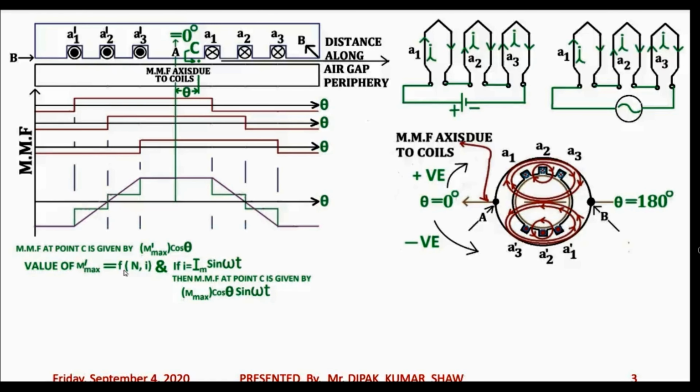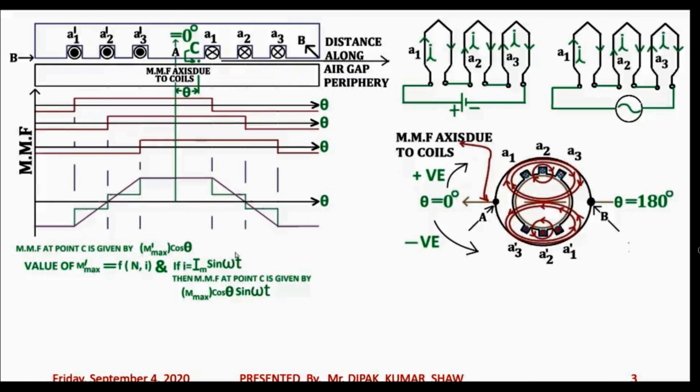That is what is written here: the value of m dash max, the maximum value of the sinusoidal MMF occurring along the MMF axis at point A, is a function of both number of turns n and current I. Now if current I is DC, the value of m dash max is a constant, so the MMF in the air gap periphery is only a function of space angle theta.